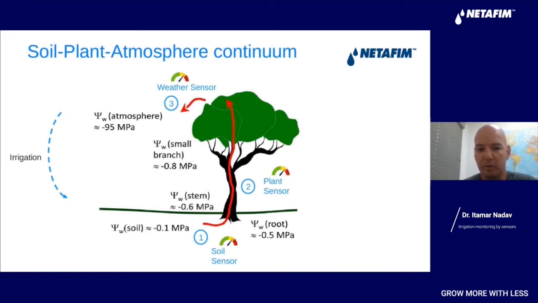We can monitor the soil to see if there's enough water in the soil. We can monitor the plant to see if it's under stress or not. And we can monitor the weather and the environment to see what the water demand is, because this is what will determine how much water the plant will consume. At the end, our goal is to close the loop and give irrigation according to the plant requirements.